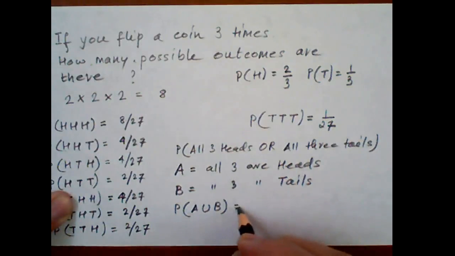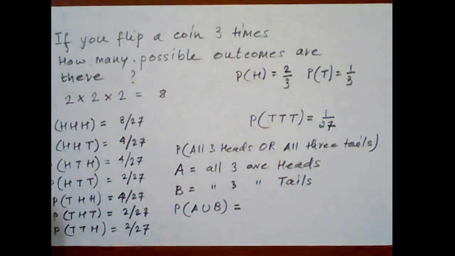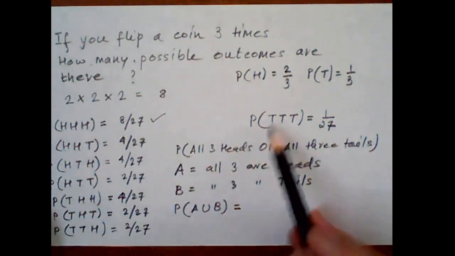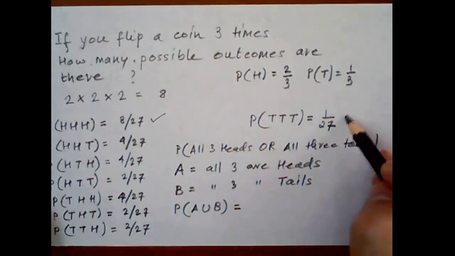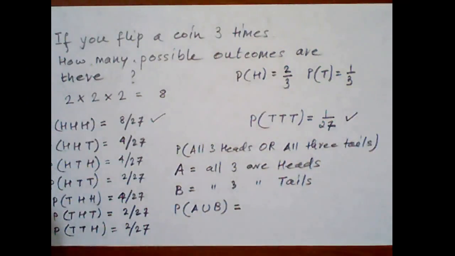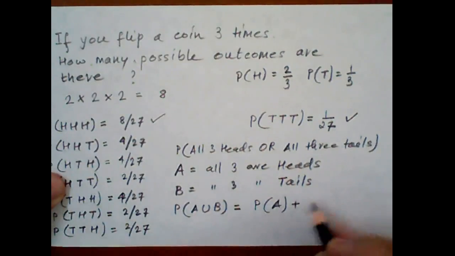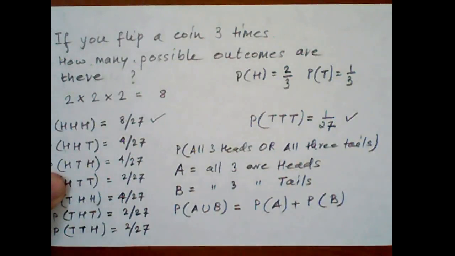And that, if you look at it, let's calculate this. Now, which of these outcomes are all 3 heads? It is this outcome. And which of all these outcomes are all 3 tails? It is this one. So therefore, the probability of A or B or A union B will be probability of A plus probability of B. All right.